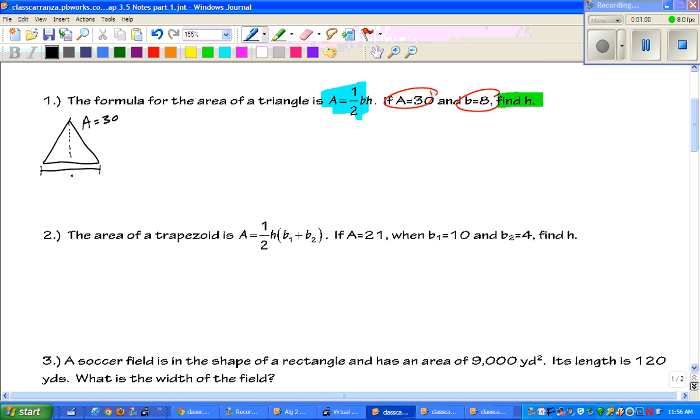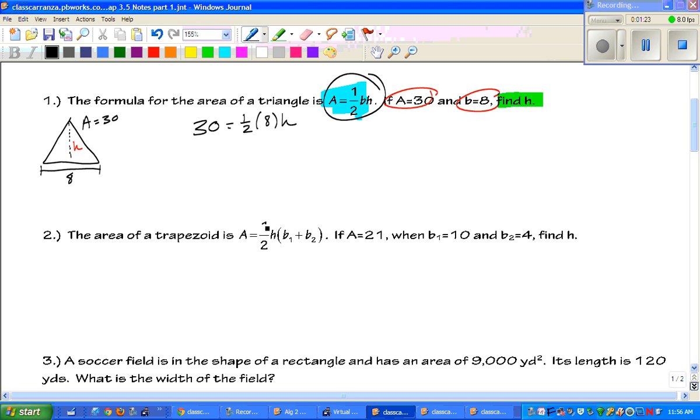We know the base is 8. We don't know what the height is, so that's what we're going to try to find out. So using this formula right here, we know that area is 30, and that's 1/2 base, which is 8, times h.